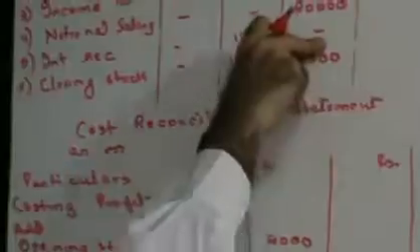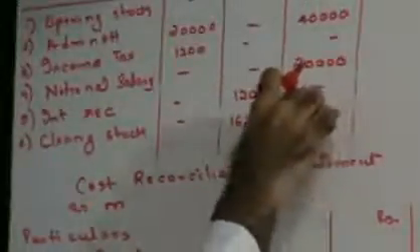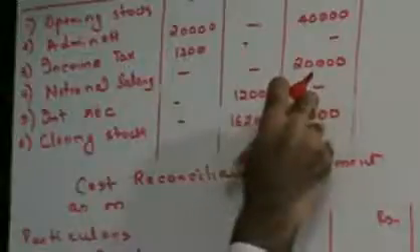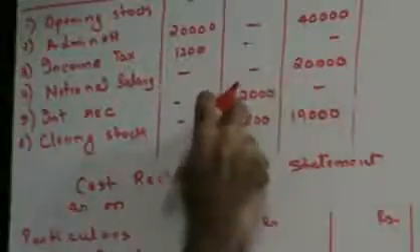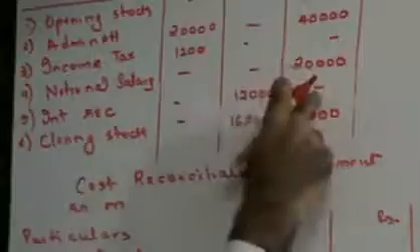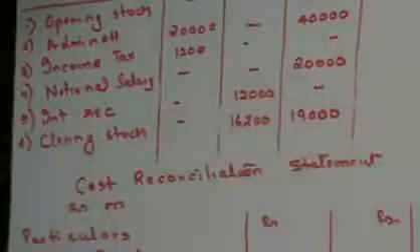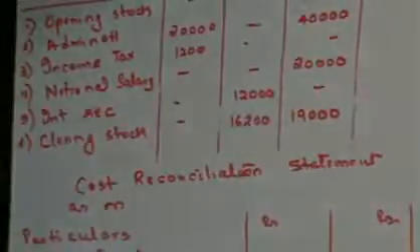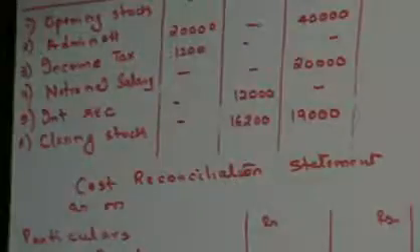Right? Interest received. Now for credit side entries, the rule reverses. This figure is less. For a credit side entry, the rule reverses. Less, you will write it in the add column.